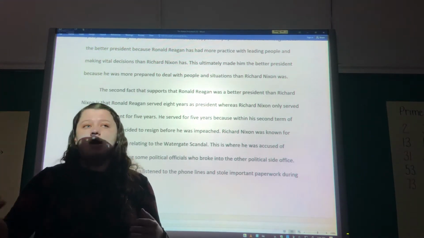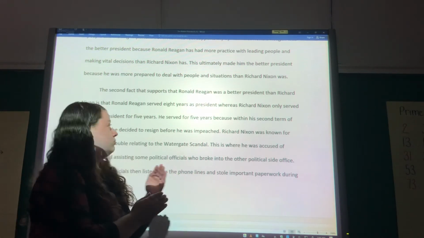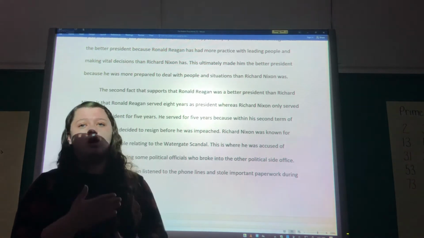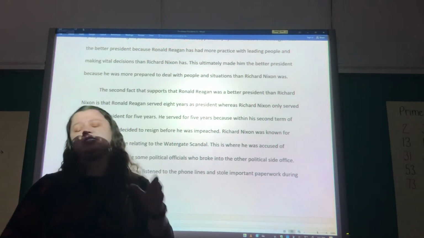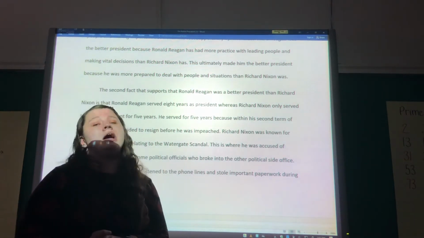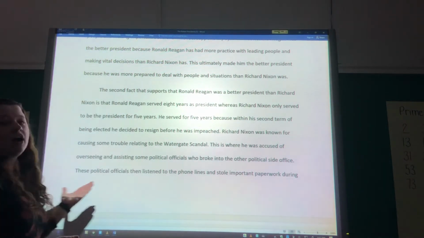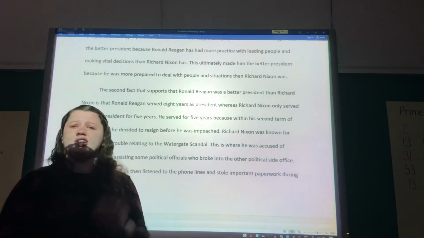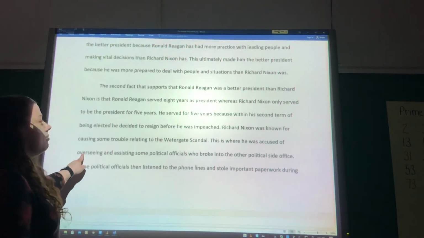Richard Nixon possibly could have been involved with helping them break into the other side's office, stealing important documents, and doing things that were very illegal and that he should not have been doing or been in charge of doing. So in this paragraph, I'm talking about how Ronald Reagan was a better president because he served a longer term and didn't get himself into trouble like Richard Nixon did.